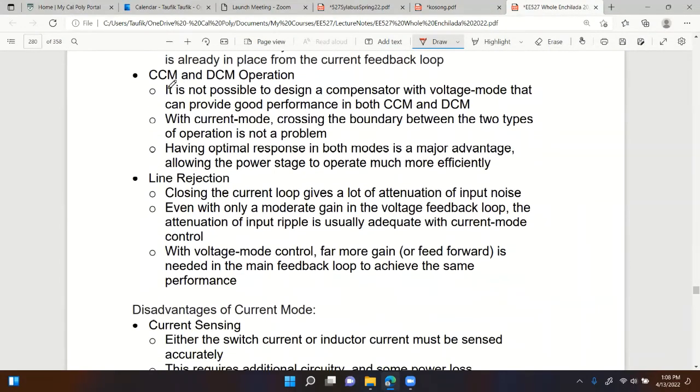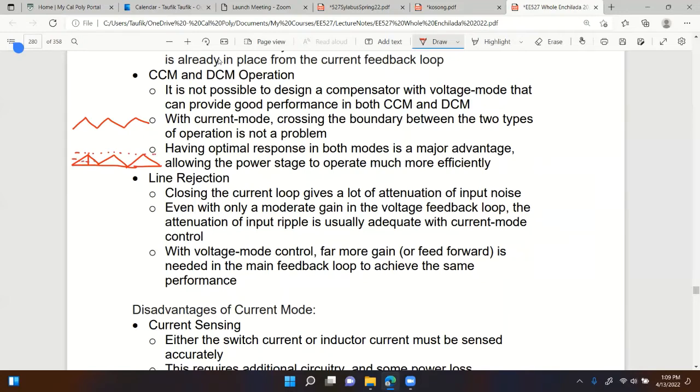CCM and DCM operation, we can use the same compensator basically, because in DCM what we have is also pretty much constant inductor current. In DCM it can go up and down, but we use the controller that would force the inductor current to be at boundary conduction mode.